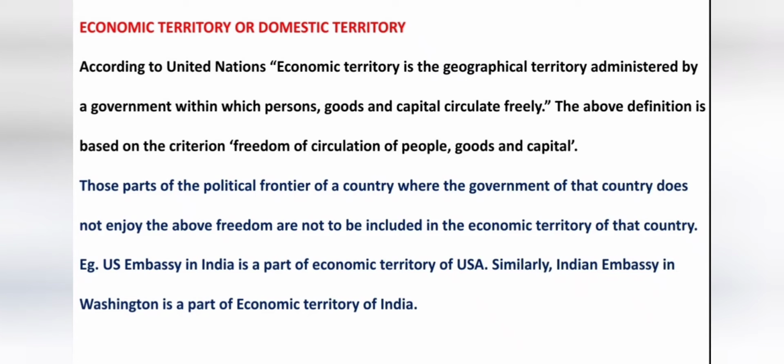Those parts of the political frontier of a country where the government of that country does not enjoy the above freedom are not to be included in the economic territory of that country. Example, the US Embassy in India is a part of the economic territory of the USA. The Indian Embassy in the USA is the economic territory of India.